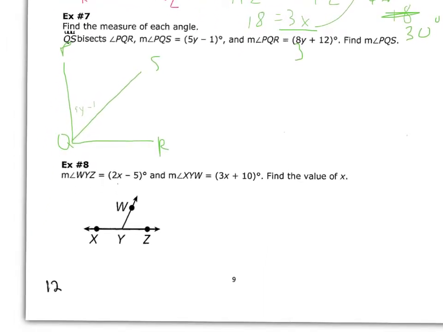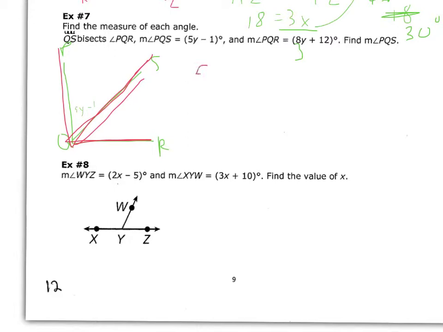Okay, so let's go back to this one. We know that PQS is 5y minus 1, and we want to find the measure of angle PQS. Since we know PQS and SQR are congruent, those two angles add together to be PQR, which is 8y plus 12.